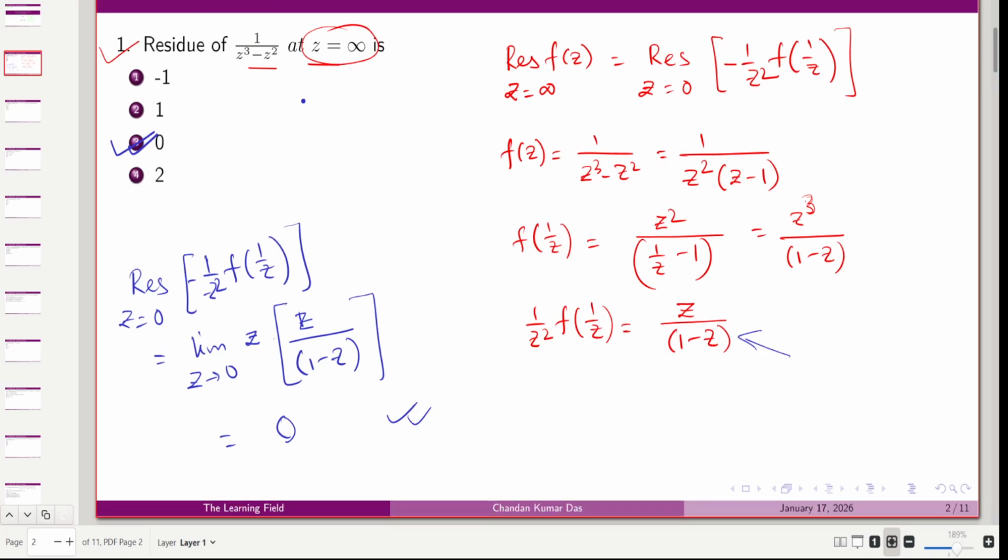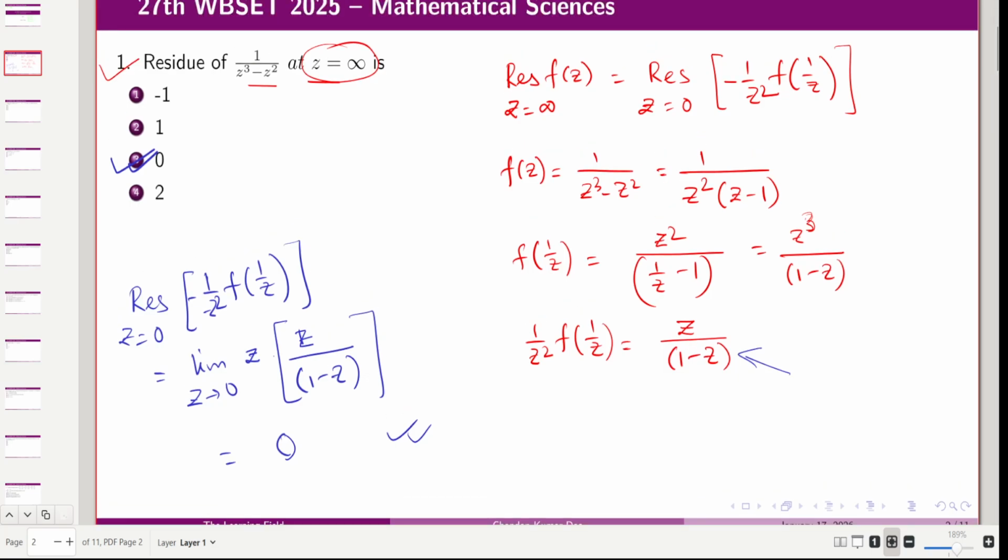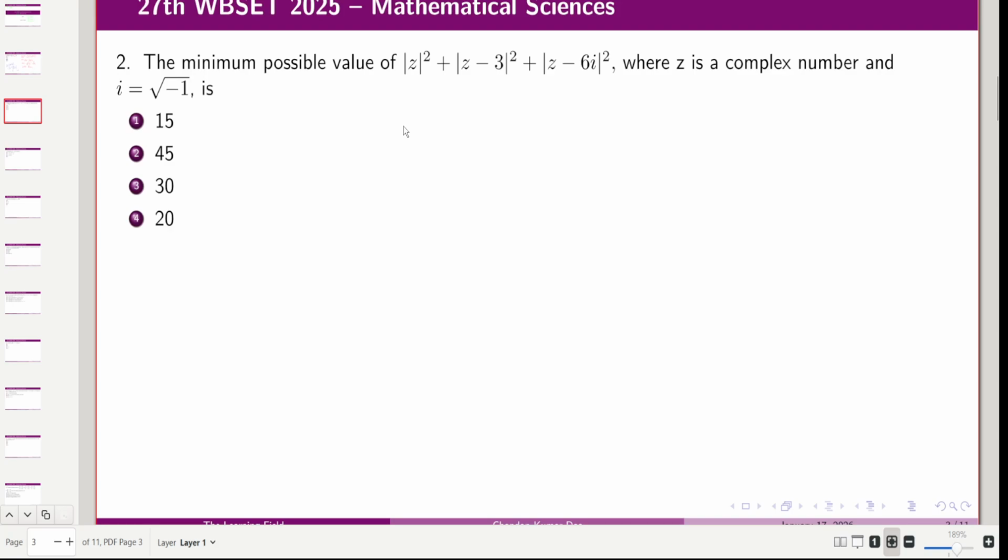So next question. Question number 2. It says, what is the minimum possible value of this? This is a standard basic question of complex analysis.